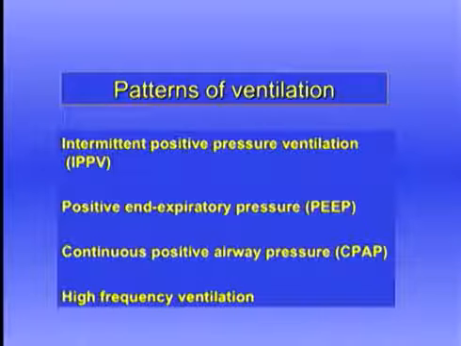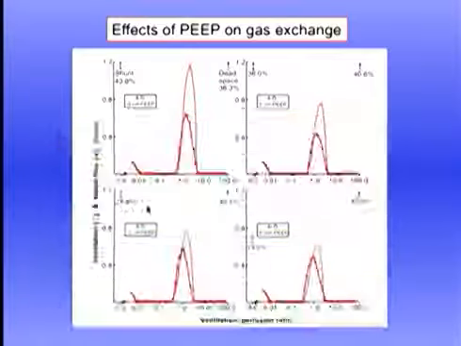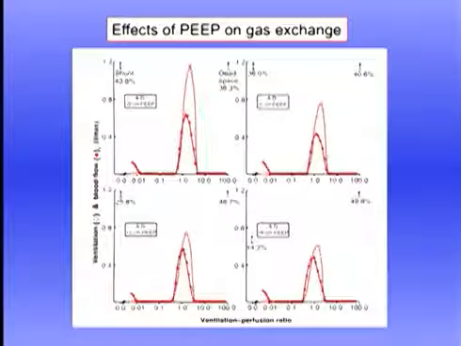But an important pattern of ventilation is what's called positive end expiratory pressure, or PEEP, and we need to say a few words about that. Let me show you some measurements that were made of the gas exchange using this plot of ventilation perfusion inequality in a patient with ARDS, the adult acute respiratory distress syndrome.